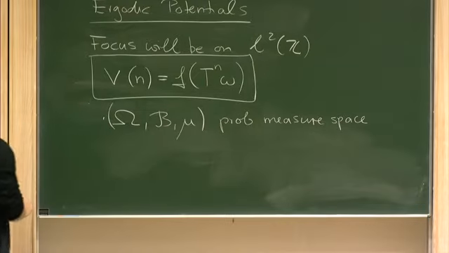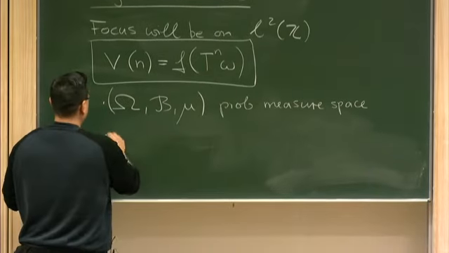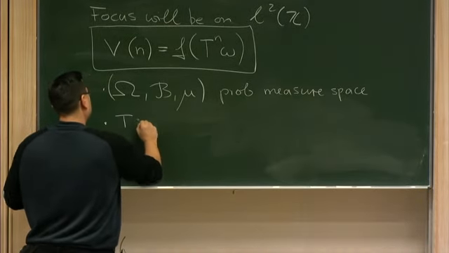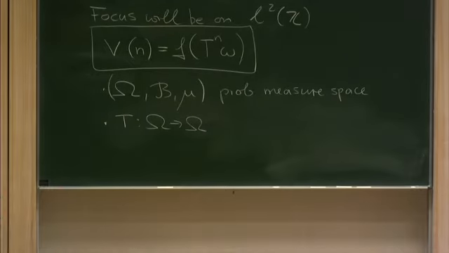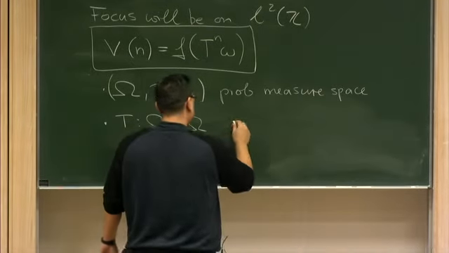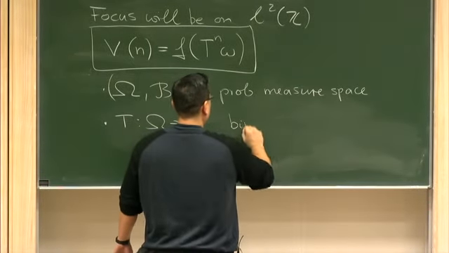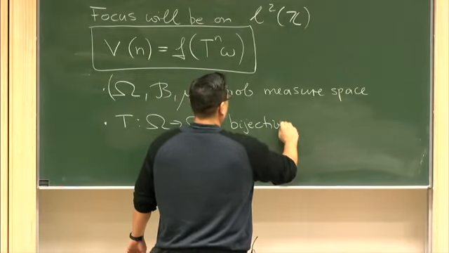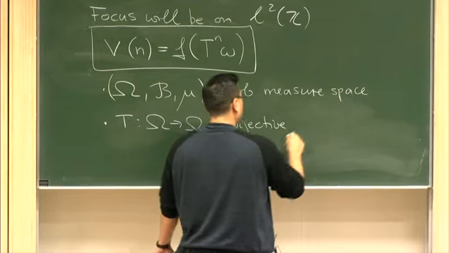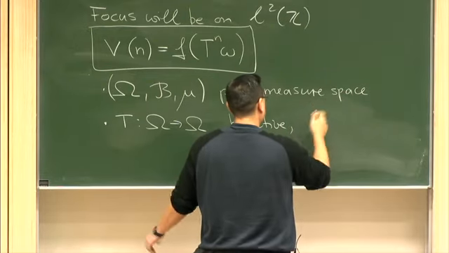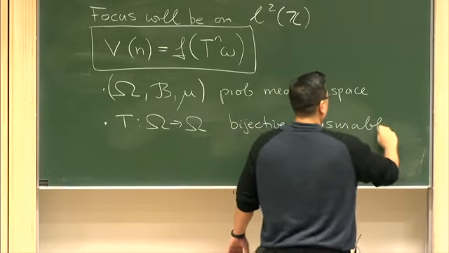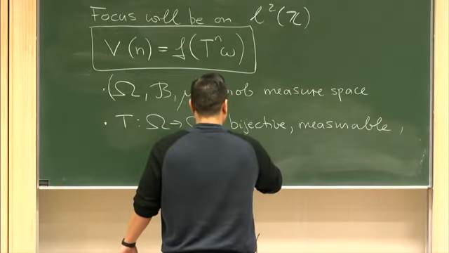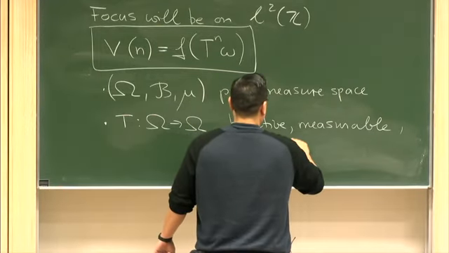Then T will be a map from omega to omega, and I want it to be bijective and bimeasurable, so measurable in both directions, and measure preserving.